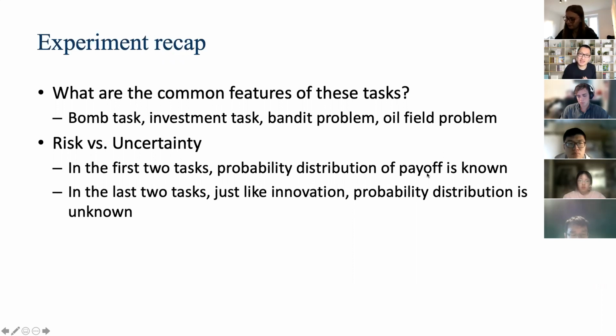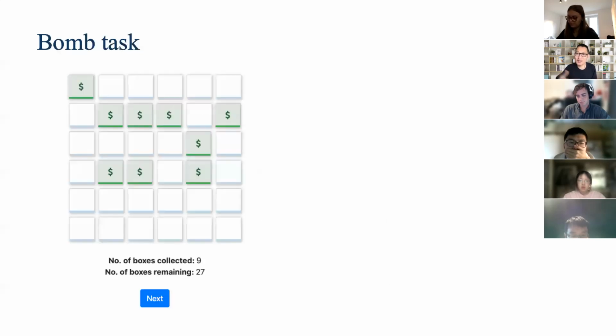You need to first get some information on the distribution of the payoff in order to make a well-informed decision, right? So in order to understand the difference between these two types of tasks, the risks and uncertainties, let me go through the two tasks involving risk first, and then the two tasks involving uncertainty.